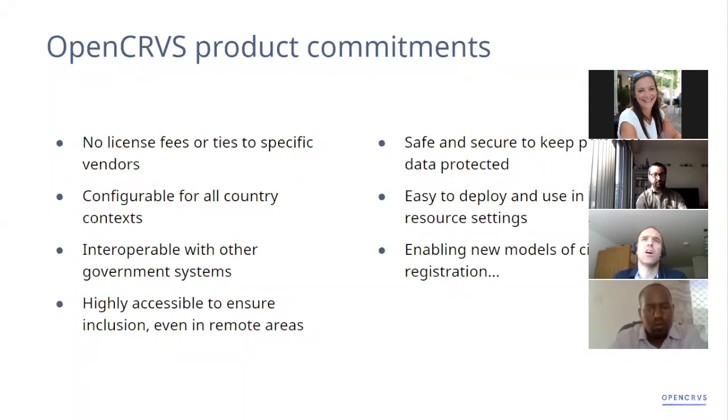It's about automated processing to take the burden of civil registration off manual tasks traditionally conducted by civil registration staff. And finally, we wanted a new model of civil registration where data dashboards and analytics provide real-time information for civil registration staff and others to better understand their data and act upon it.